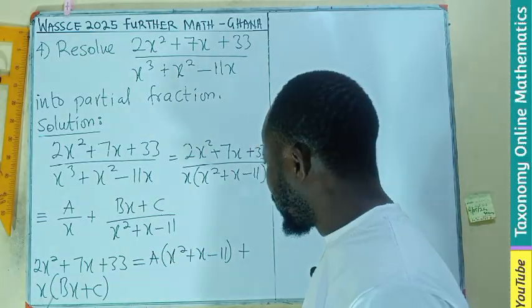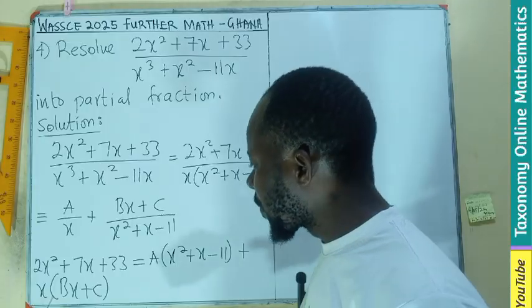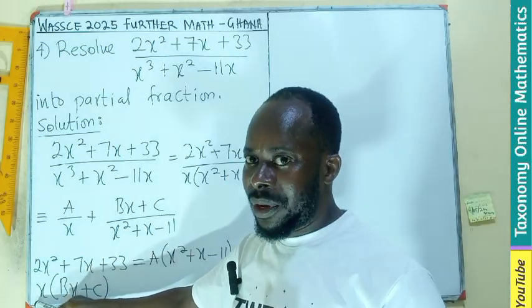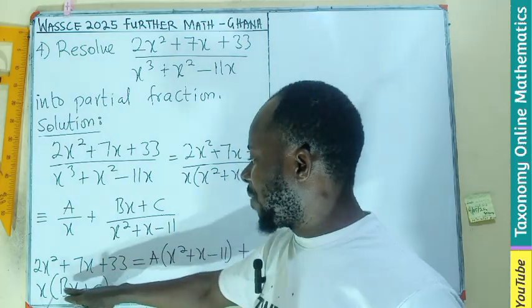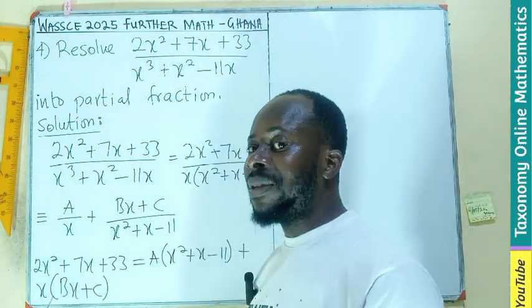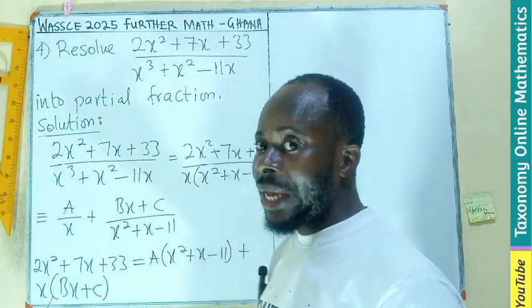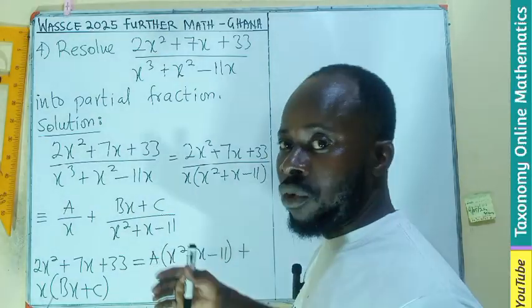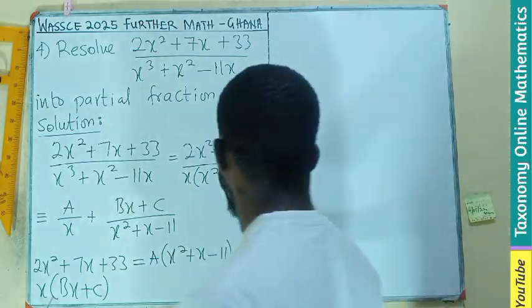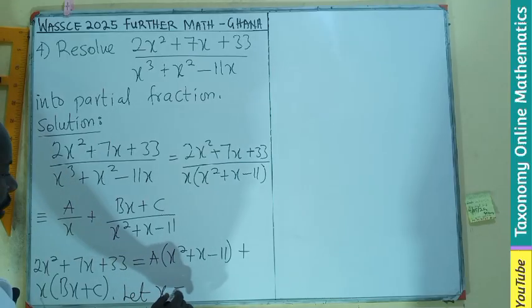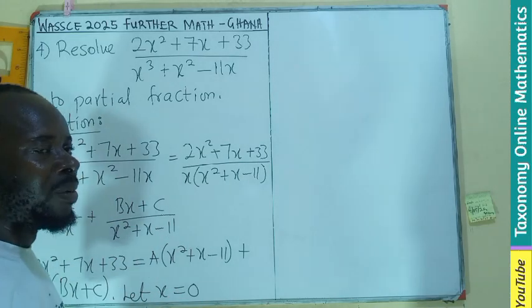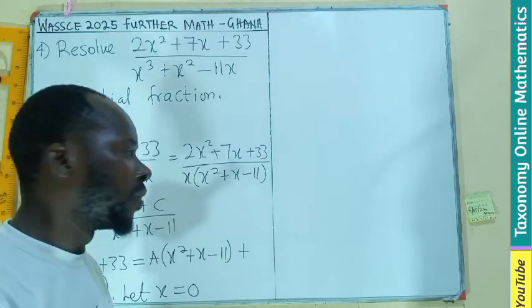If x is 0, I will be eliminating B and C, since whatever is in the bracket times 0 gives 0, remaining only A. So A can be found. Let x equal 0.